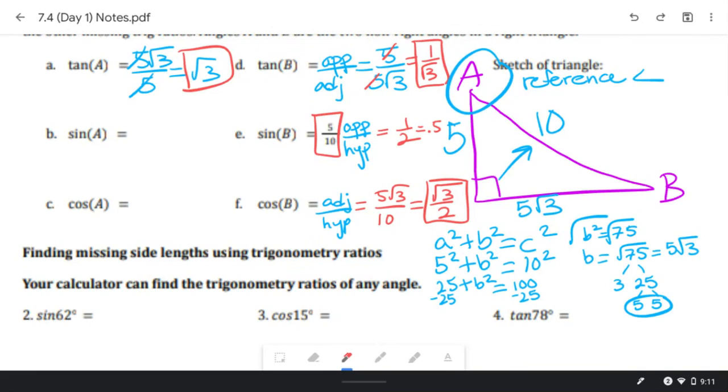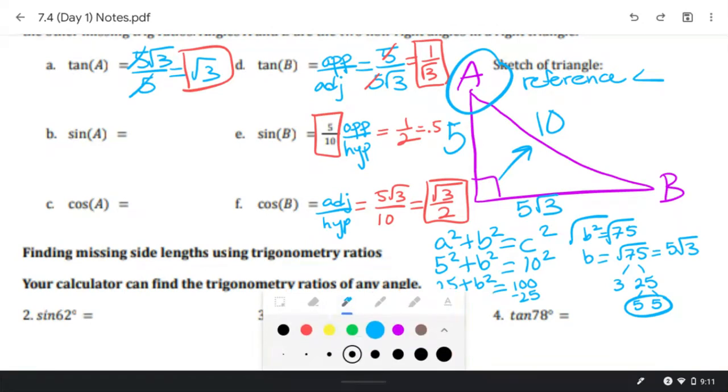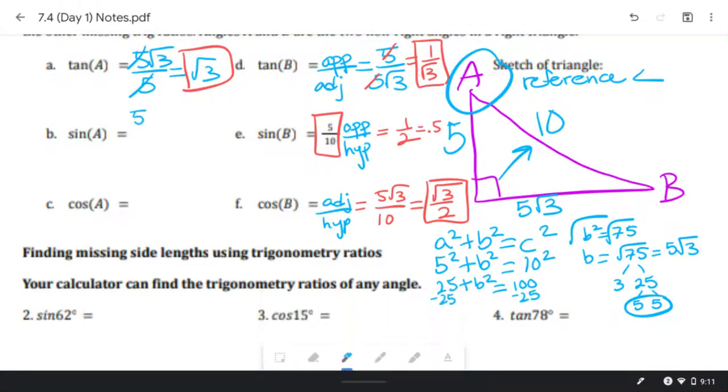Sine of A is opposite over hypotenuse. So the opposite side is 5 root 3, and the hypotenuse is 10. So that reduces, not cancels, but reduces to square root of 3 over 2.